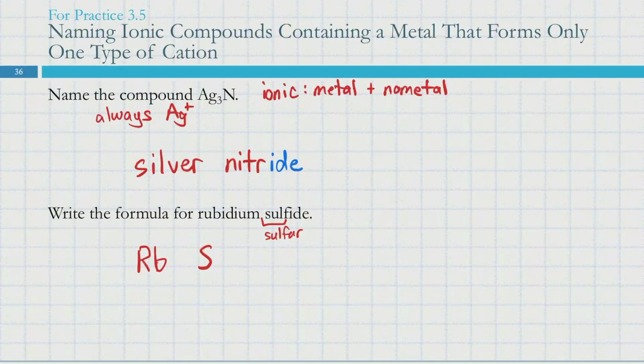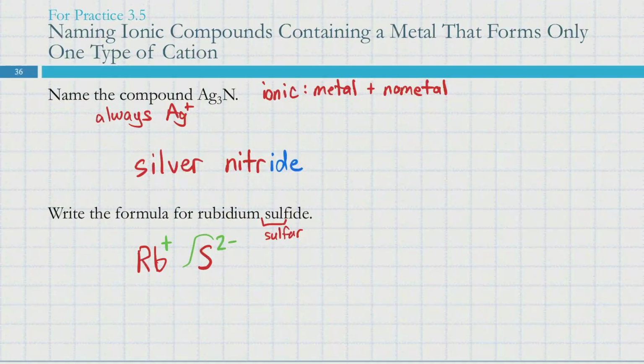The thing that we've got to do now is figure out our charges. So Rb is a 1+ charge because it's in our alkali metals. It's our group 1A. Sulfur has what charge? 2- because it's in 6A. It's 2 groups over from our noble gases. So we can either do the mental math to figure out what the subscripts have to be for the charges to balance out.